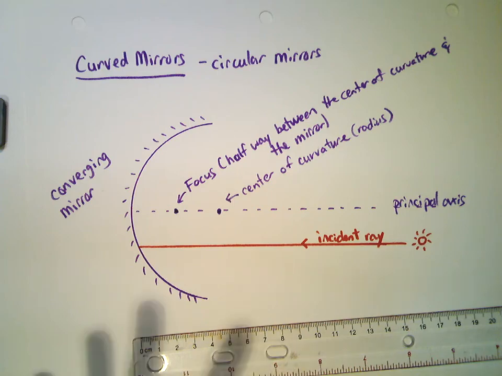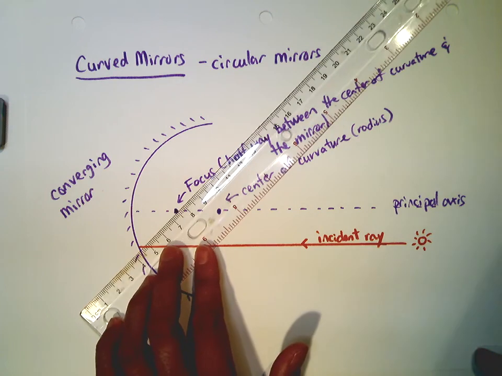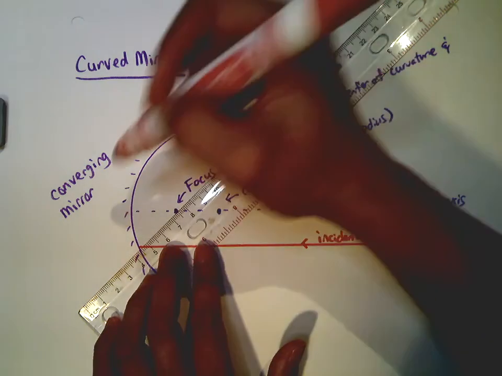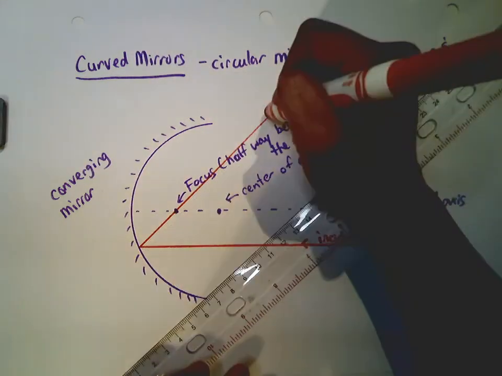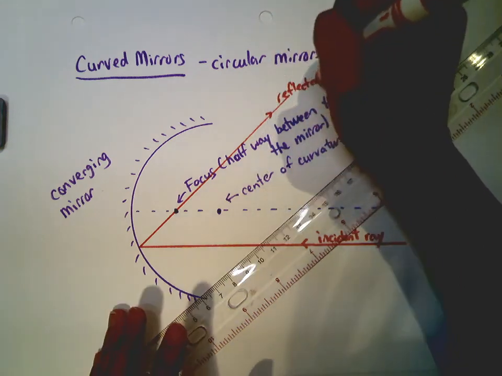So I'm going to tell you that it does obey that, and when it obeys that, the light will be reflected and it will actually be focused or sent through the focus. So it will be sent through this way. Okay? So this here is your reflected ray.